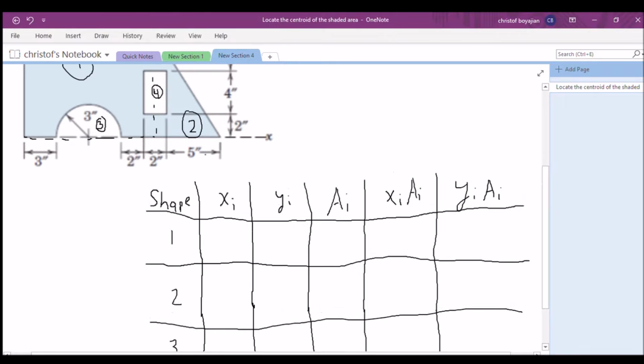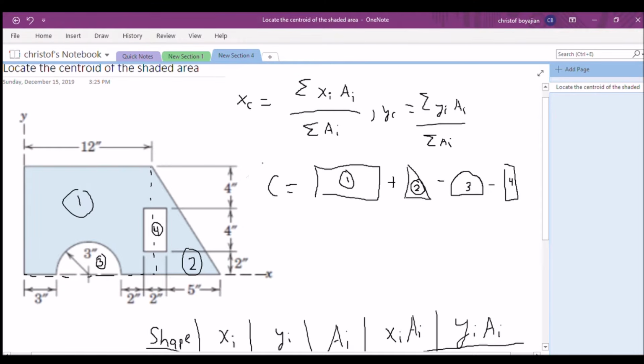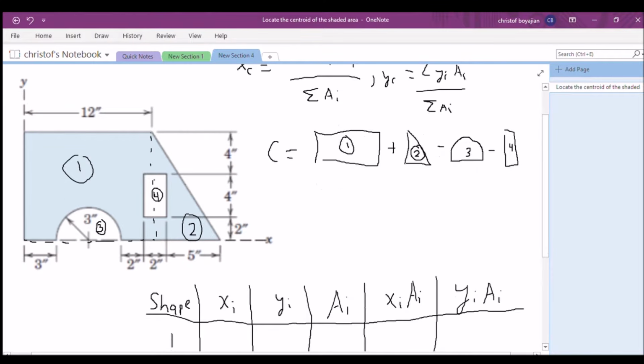So now let's go ahead and find the centroids of all of these shapes. Remember, when we're finding the centroid of a shape, we want to make sure we do it with whatever we have the axis set to. So we put our origin right over here. So our centroid is going to be a distance from the origin to wherever the centroid of that shape is.